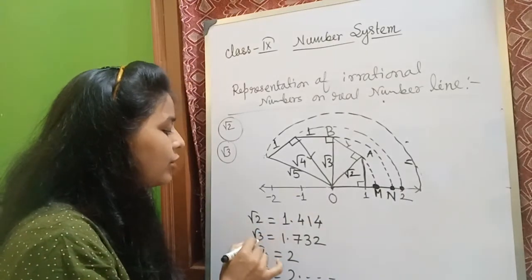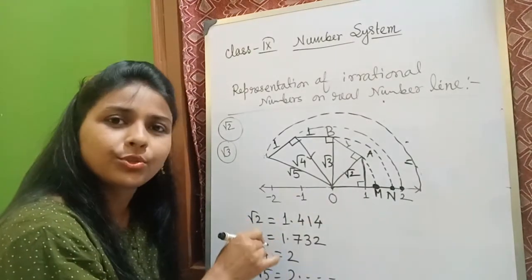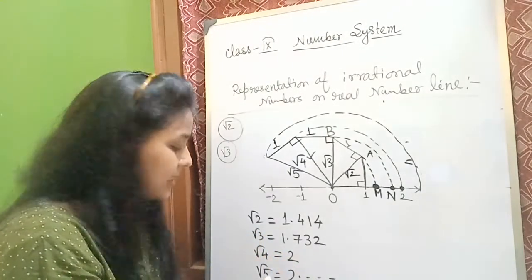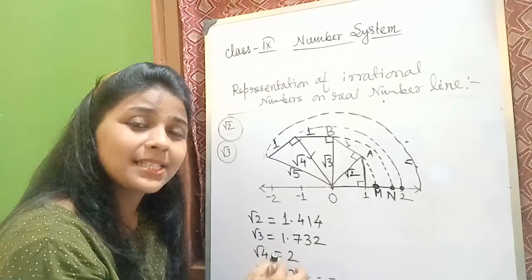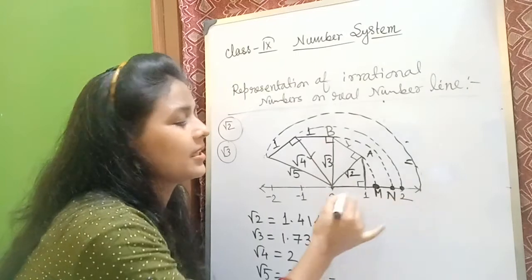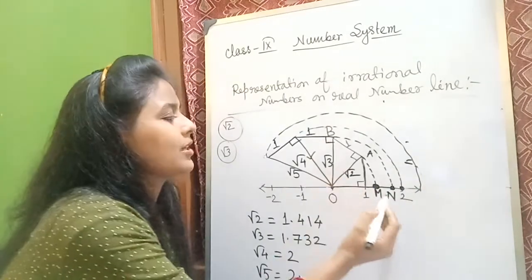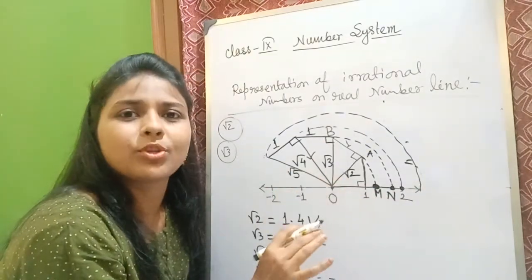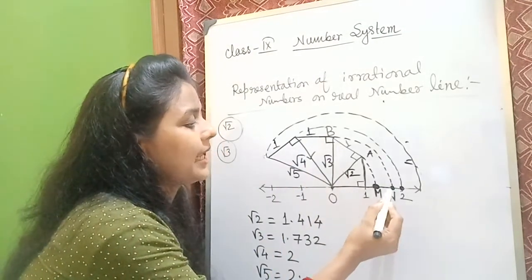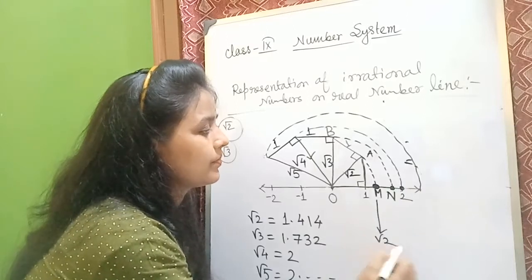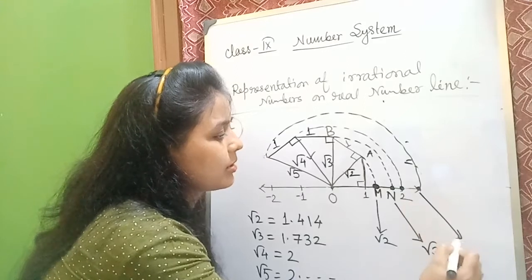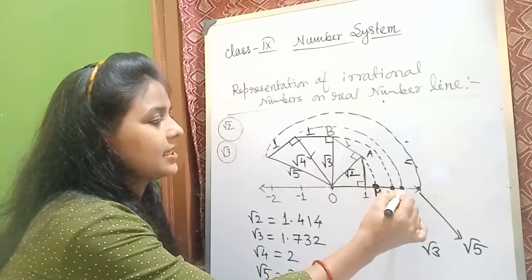Look, root 2 and root 3 will be placed before 2 because they are less than 2, and root 5 is placed after 2 because it is more than 2. You can see this from the figure also. Though I have drawn a rough figure, you can see that M is root 2, N is root 3, and root 5 will be here, and this is root 4.